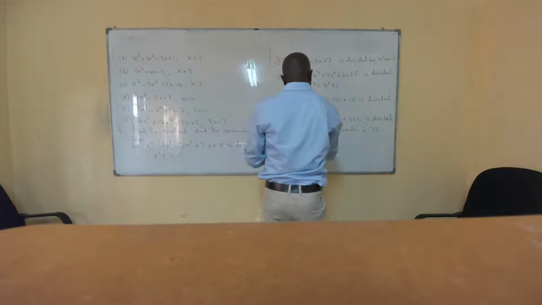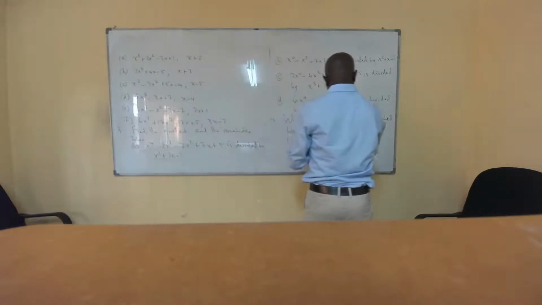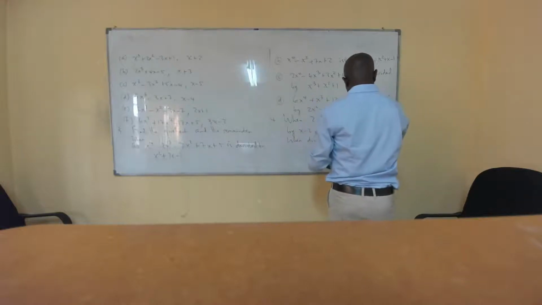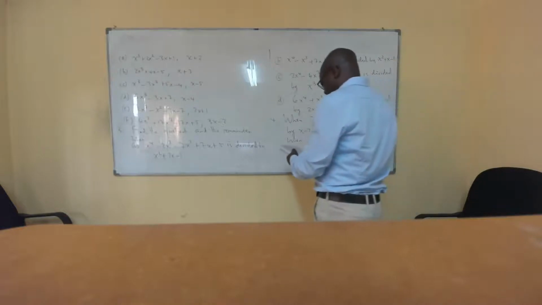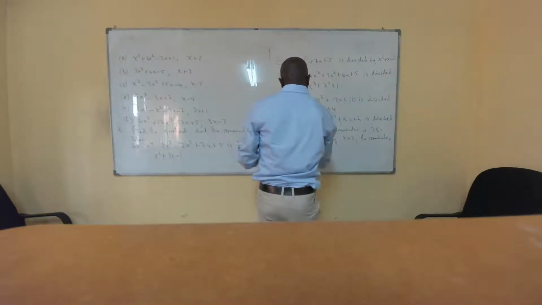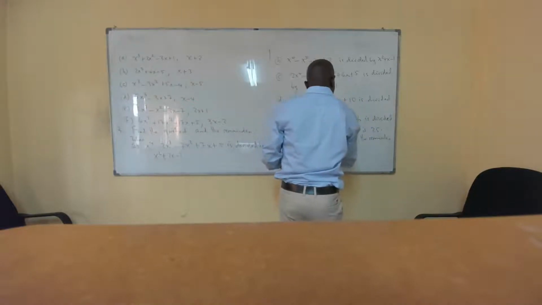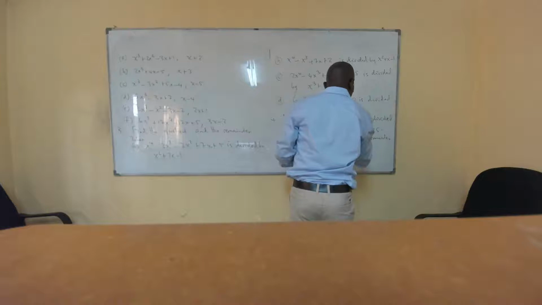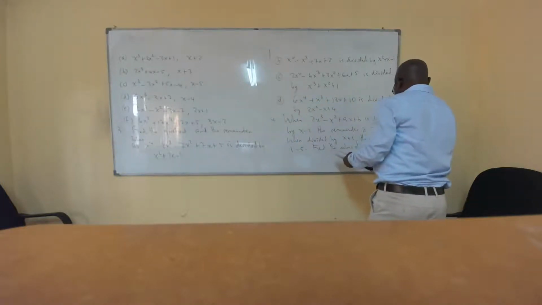When divided by x plus 1, the remainder is -5. Find the values of A and B.